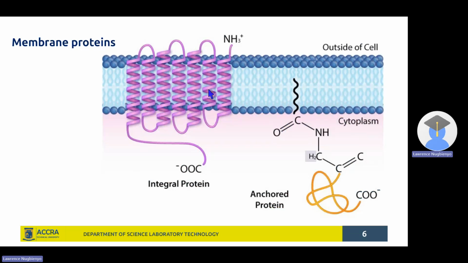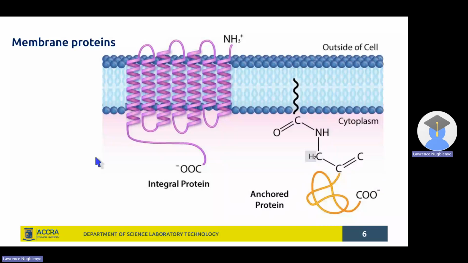The protein is folded severally, and you have such domains, these alpha domains, which are embedded in the lipid bilayer. And you see the N-terminus is at the extracellular space, and the C-terminus is in the intracellular space. But this is just one type of integral proteins. We'll zoom in on these integral proteins and take a look at the different types that you can actually have.